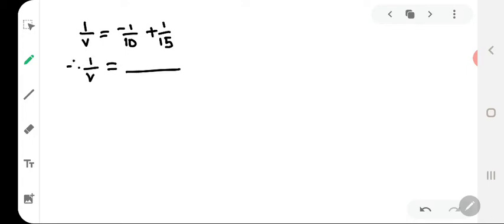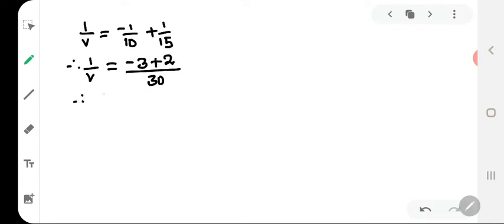Let's proceed with the calculations. We can write down 1 by v equal to minus 1 by 10 plus 1 by 15. Therefore 1 by v is equal to, we take LCM, LCM of 10 and 15 is 30, so you get minus 3 plus 2.